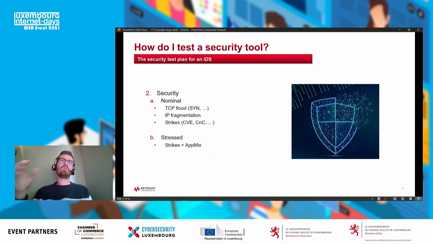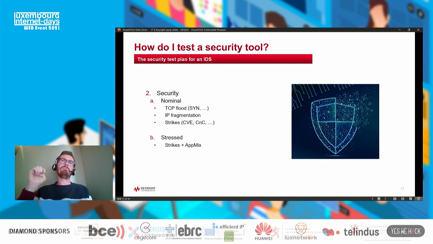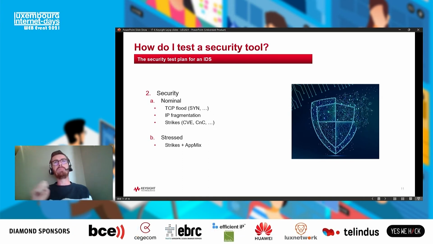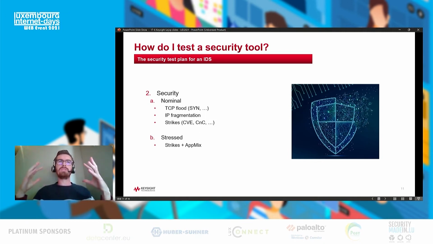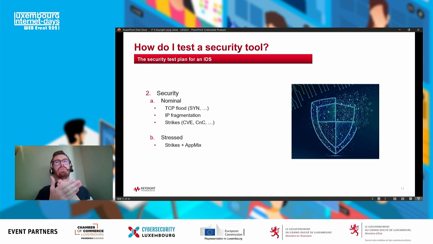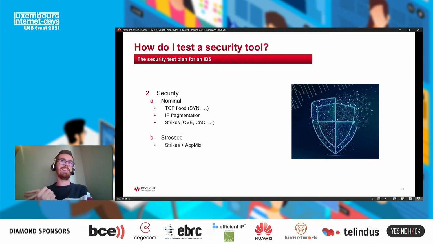And then we select only the attacks that are well blocked or well detected by the solution, and we put the solution under stress. Now we free the horses. We launch a lot of traffic, a lot of mixed application traffic, to load the security product, and then we launch the attacks that we know the security product is supposed to block, and we look to see if, of course, it still blocks the same or not.